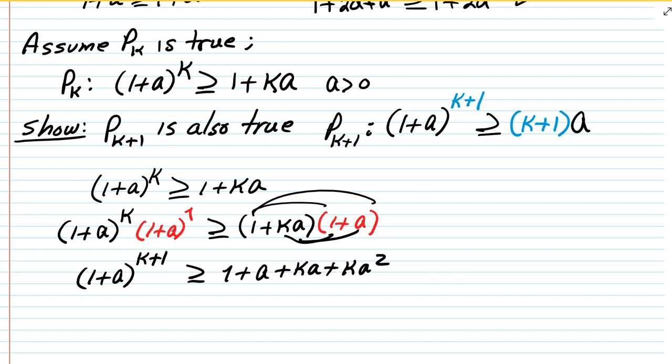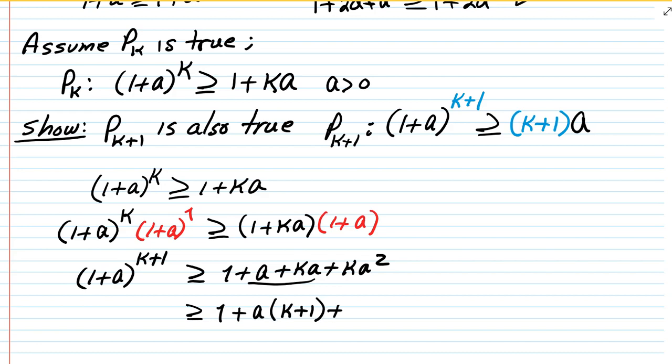That's what we're going to get when we distribute, multiply two binomials. Now, I'm going to work this a little bit. I'm going to factor the a from that middle term. I'm going to get a times k plus 1 plus ka squared.